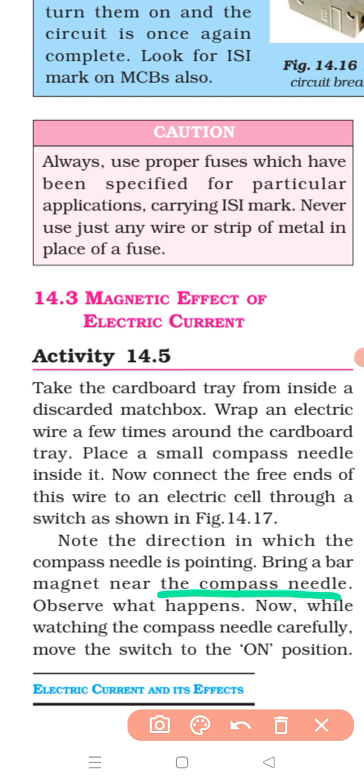You will see that the needle will undergo deflection, because the needle of the compass is itself a tiny magnet. Clear?